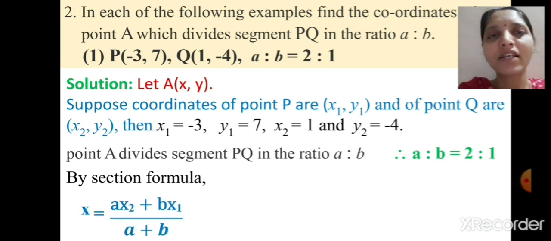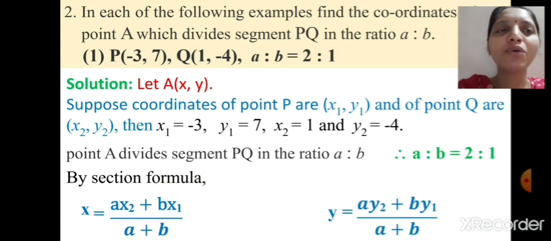By section formula, let's find out x and y coordinate together. So here x is equal to, now I told you instead of m what we will write? a, and instead of n we are going to write b. So x is equal to (ax2 plus bx1) upon (a plus b), and y is equal to (ay2 plus by1) upon (a plus b). Now let's substitute the values here.